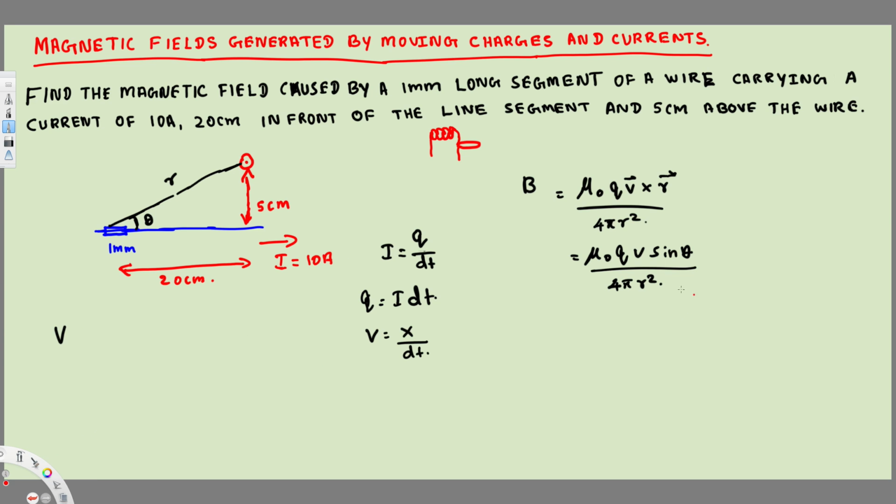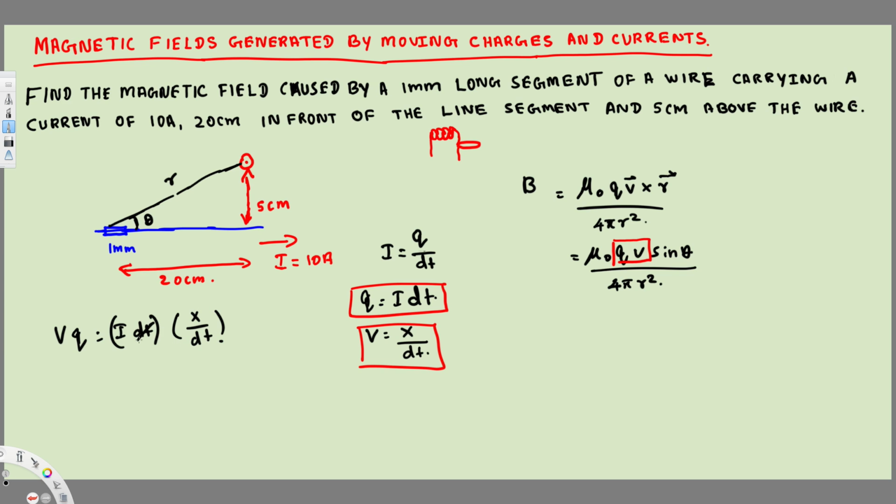So v q, we have this part right here. This is the part we are trying to replace, right? q v is q v. So q is what we found out right here. v is this one. So let's replace this one. From this one, we can write q v is equal to I dt times, maybe I put a bracket, I dt times x over dt, right?